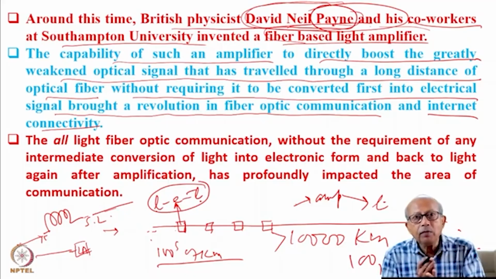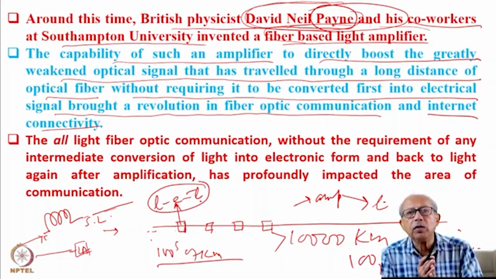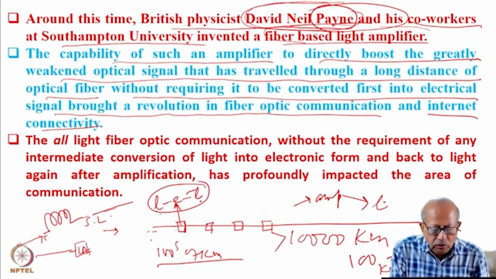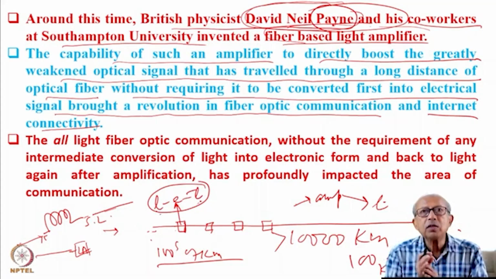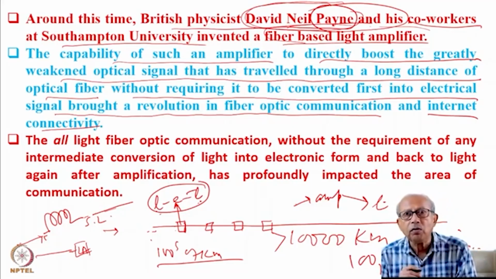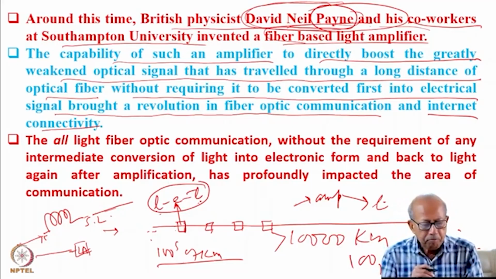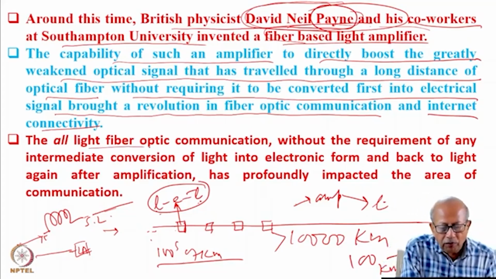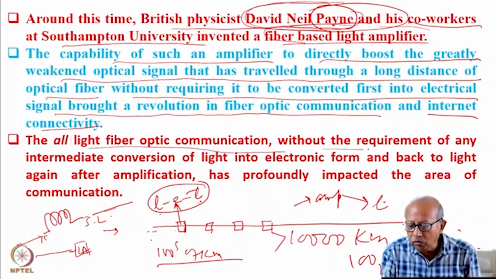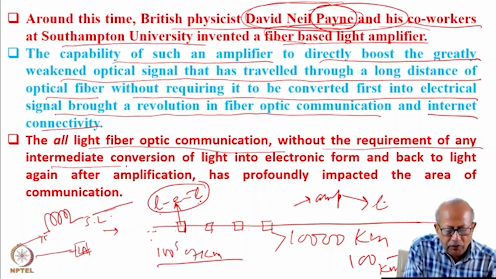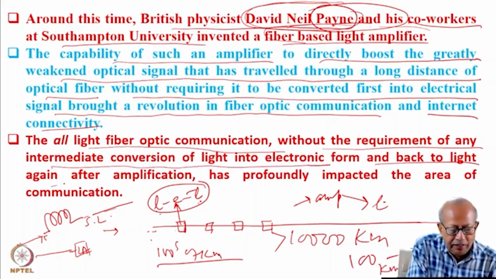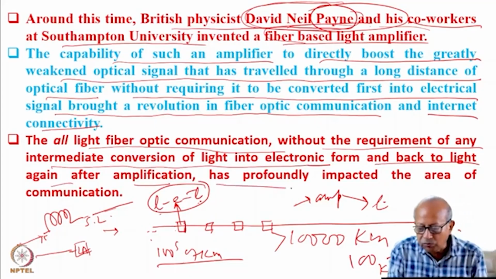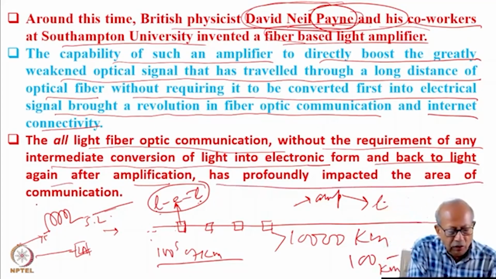Not only did it become an all light fiber optics communication, with no need for light to electric to light conversion, but further, the number of these stages also reduced, almost 5 times. So this all light fiber optics communication, without any intermediate conversion of light into electronic form and back to light again after amplification, has profoundly impacted the area of communication.